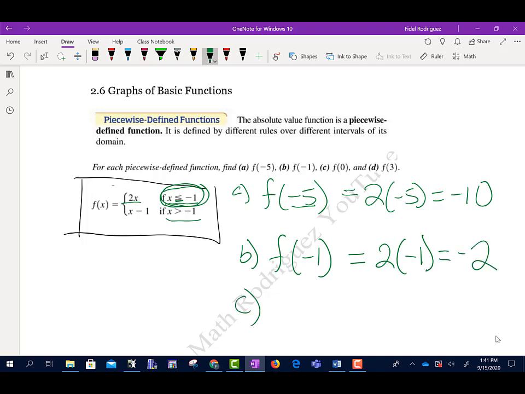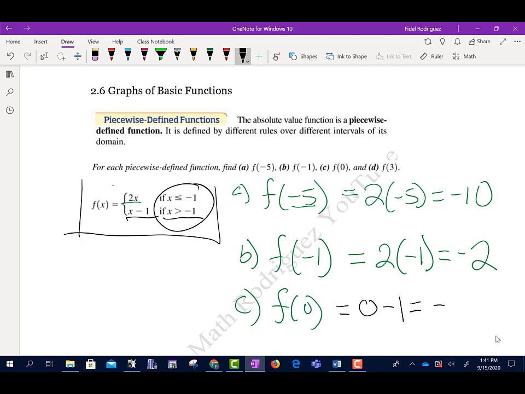Part C says we're going to find f of 0. So is 0 smaller than -1, or is 0 bigger than -1? Well, it's actually bigger than -1, right? So I'm going to use this part of the function. So I'm going to write 0 minus 1, which is -1.